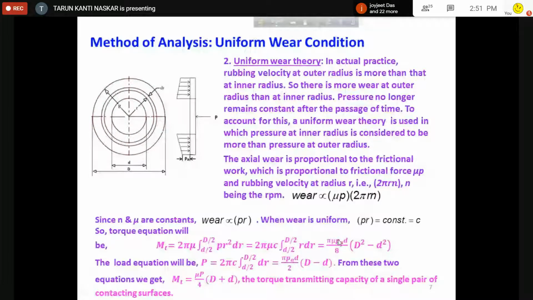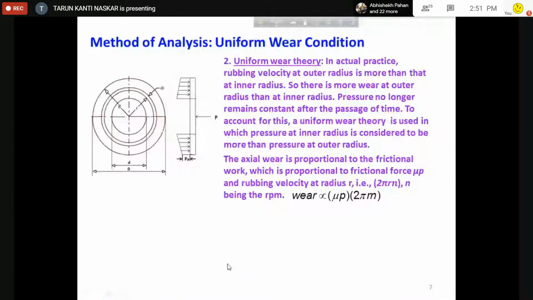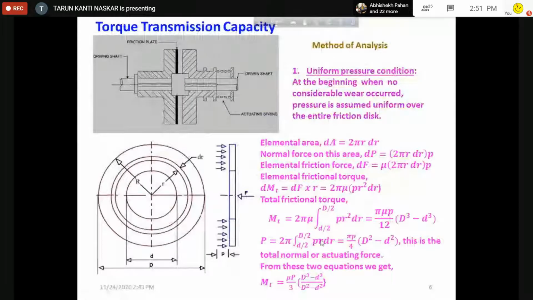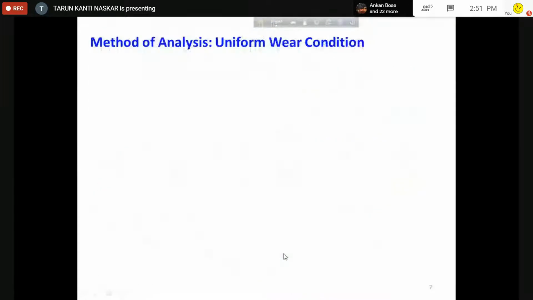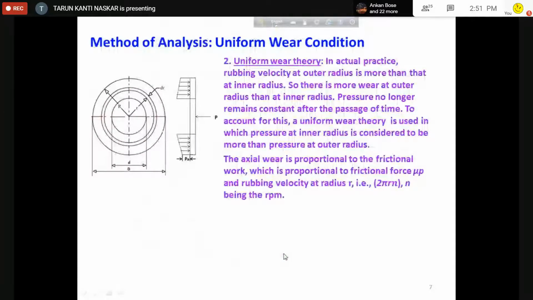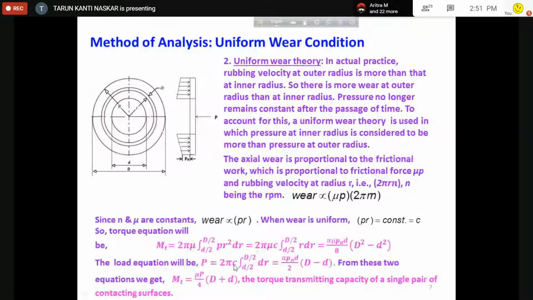Now the load equation. This equation is already there, in the earlier slide, this is the load equation. So we have taken C outside. pr was inside, so take out pr. Since pr is constant, it is 2 pi C dr, so ultimately it will take this form.